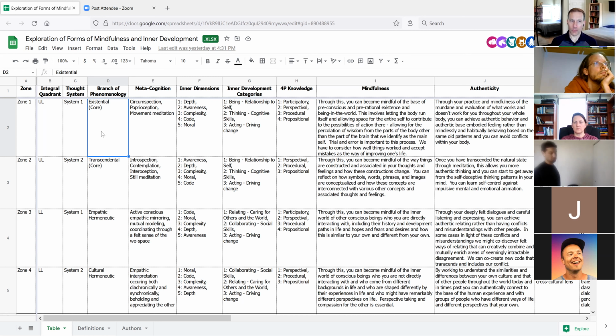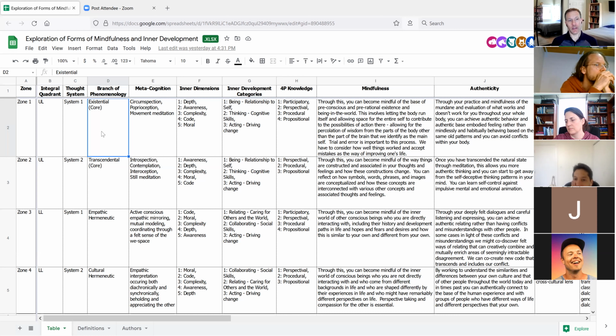And then we likewise wouldn't want to use these system 1 practices to hone system 2 thinking. So that's why it seemed like this aligns here, where the upper left and the lower left can both be subdivided into system 1 and system 2. That seems the most reasonable way of doing things.